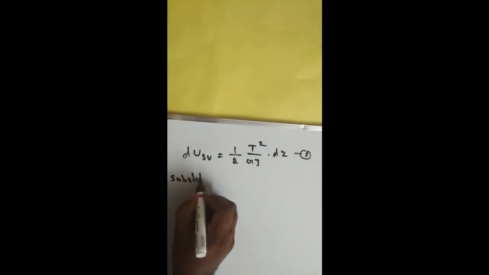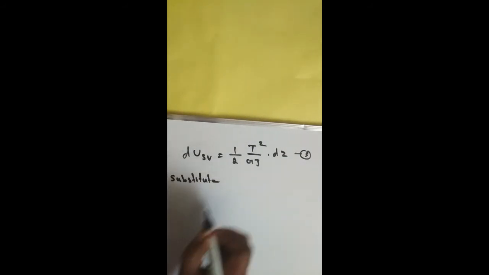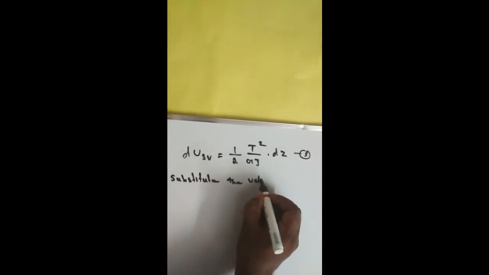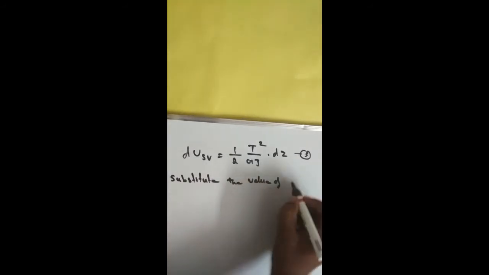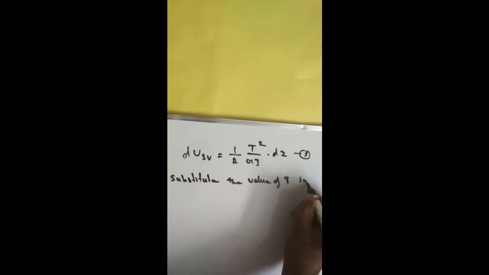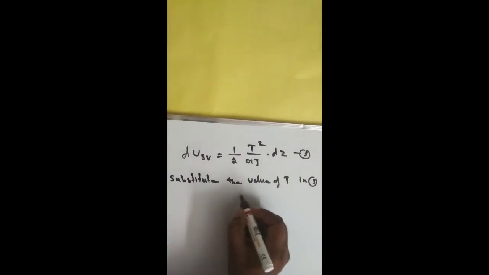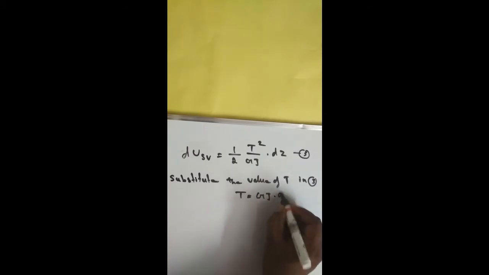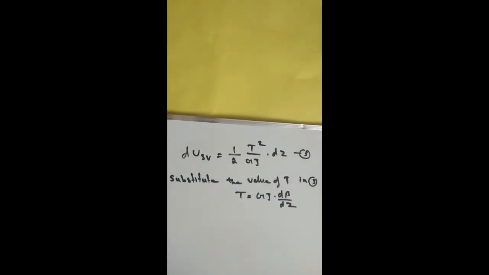Now the value of T we know, so we substitute the value of T in equation 3. Yesterday we calculated that the total torsion is equal to Saint Venant's torsion plus warping torsion. For Saint Venant's torsion, T, yesterday we calculated, is GJ into d beta divided by dz.